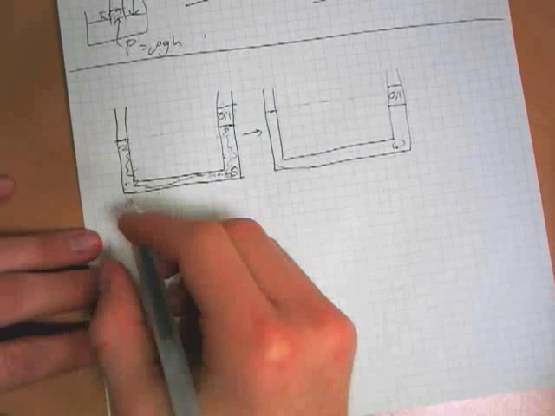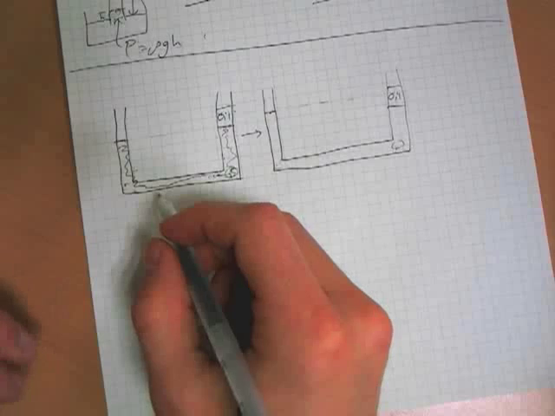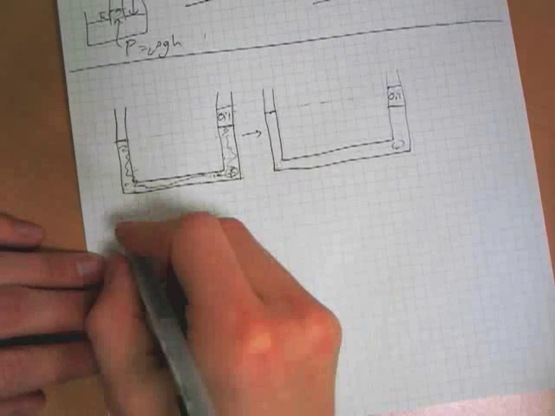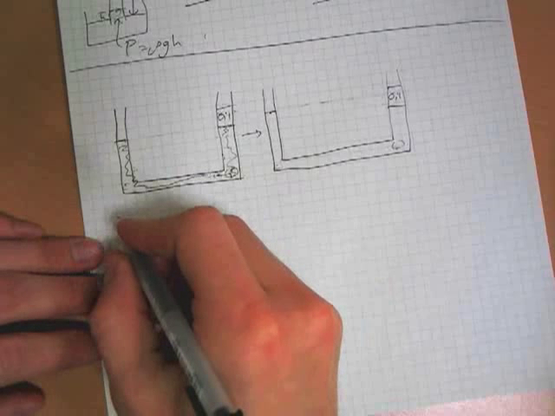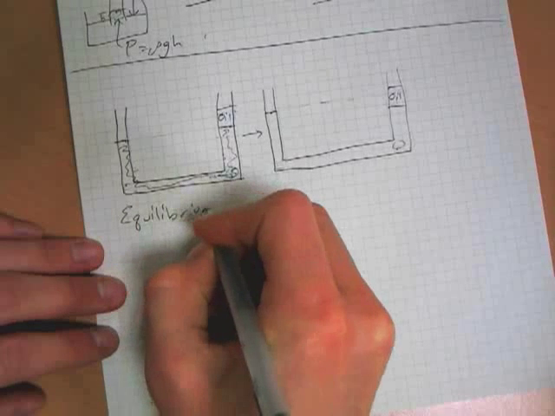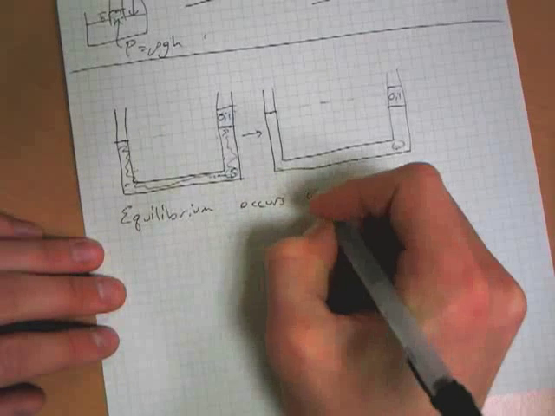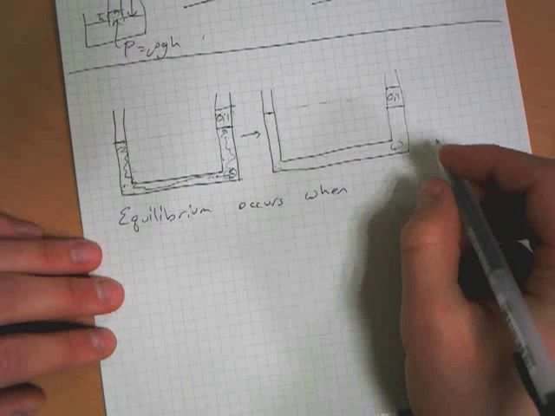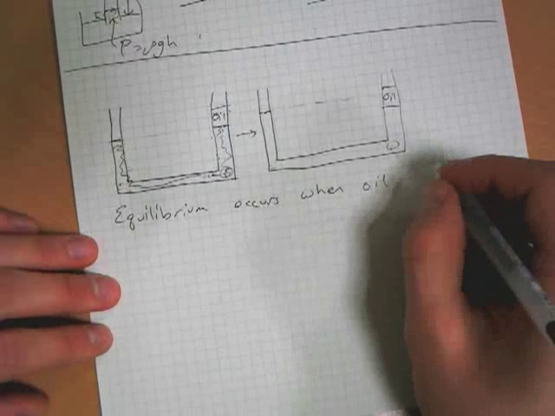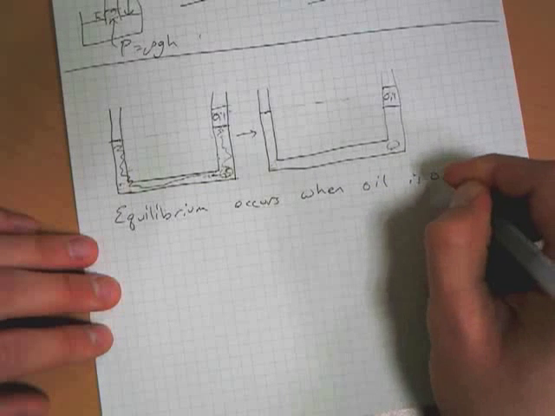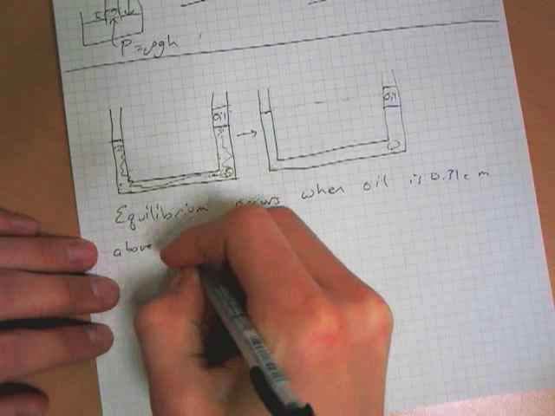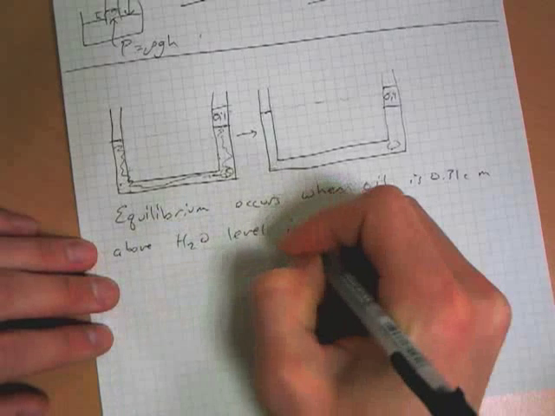So let's do an example. Let's say we've added some kind of oil, but we don't know its density. So, but equilibrium occurs when the oil is 0.31 centimeters above the water level in the other arm.